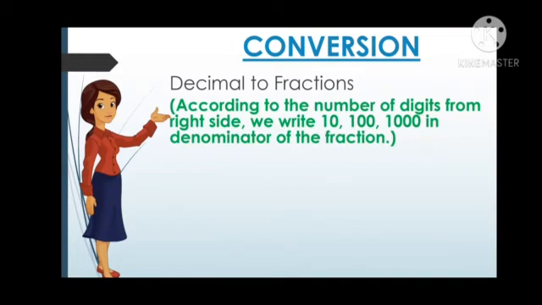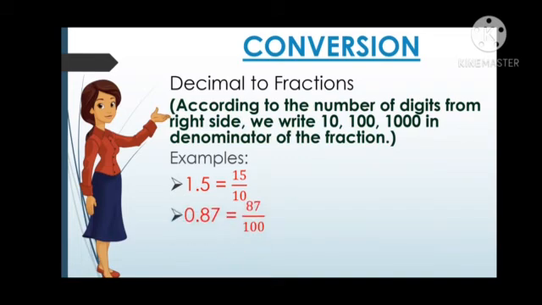Now let us learn how to convert decimal into fraction. According to the number of digits from right side, we write 10, 100, 1000 in denominator of the fraction. So 1.5 is equal to 15 by 10. As only one digit is there on the right side of the point, therefore in denominator we have written 10.